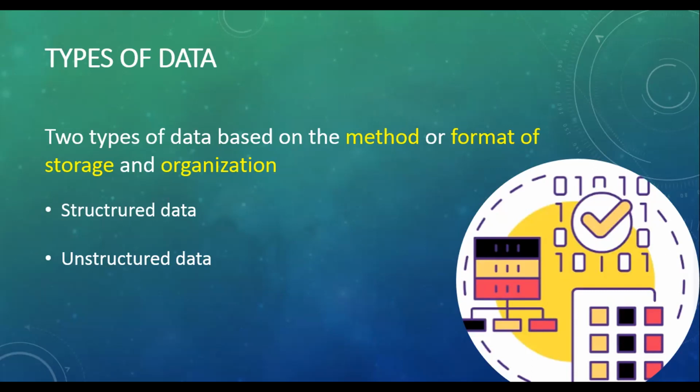So unstructured data tends to be more complex and difficult to analyze because it does not have a clear structure. Examples of unstructured data are text documents, emails, social media posts, or speech recognition data.